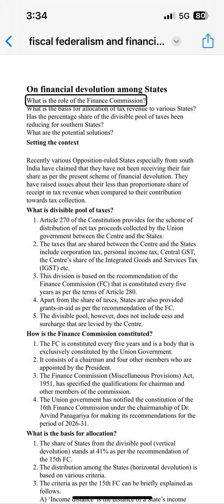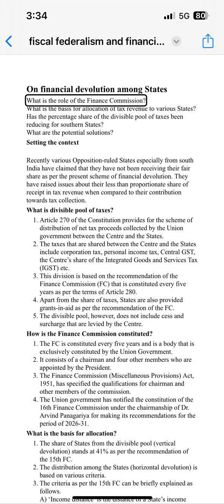That means the state which is involved in collecting more taxes, producing more income, and efficiently collecting and remitting to the central government must be rewarded with more tax revenue by the center. That means the state which collects more revenue, generates more revenue, performs efficiently, should be rewarded with more tax revenue.